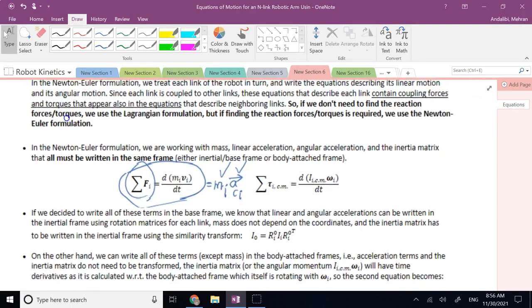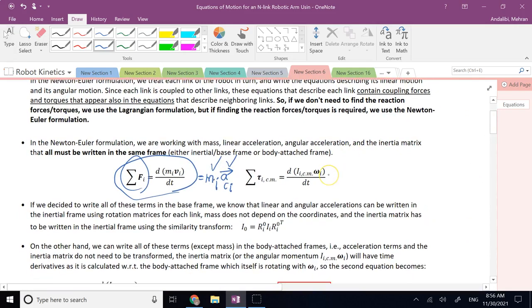Now, what about the torque equation? Well, the torque equation, similar thing. So it depends on, as you can see, omega, which we could find through velocity analysis, and I. Now, here there is something that we need to say about I. As I clearly mentioned for you here, if we want to write everything in terms of base, then the linear and the angular accelerations can be written along the inertial frame using rotation matrices.